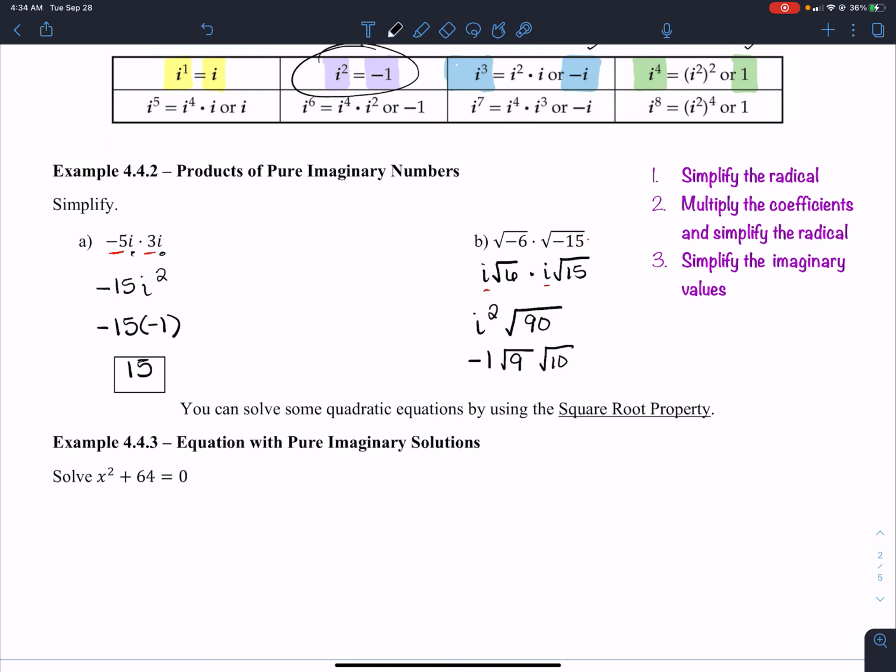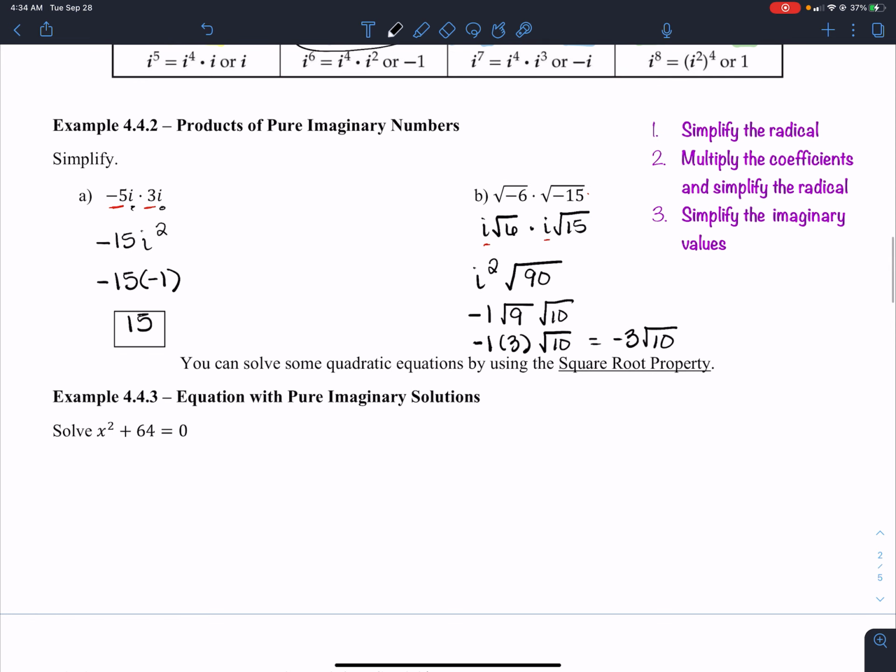All right, so then I have the square root of 9 times the square root of 10. So I have -1 times 3 times radical 10. So my solution on this one is -3 radical 10. Okay.